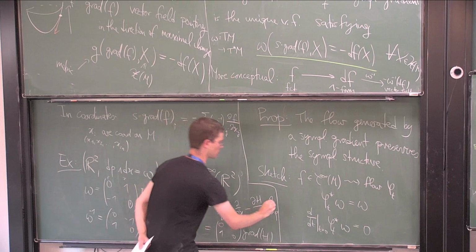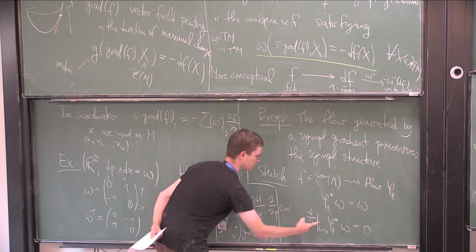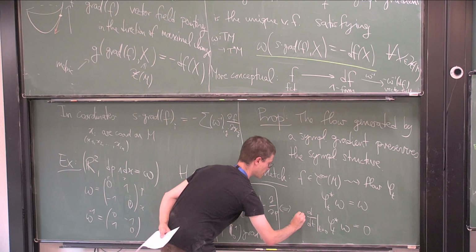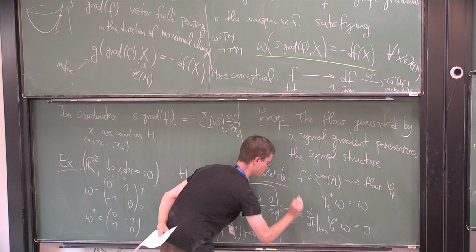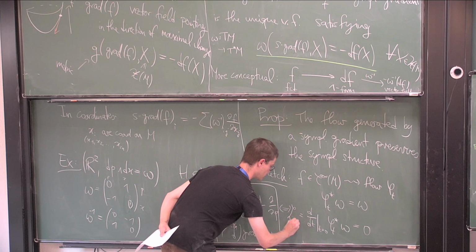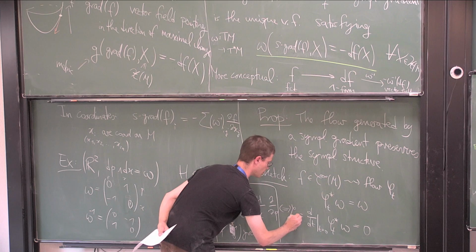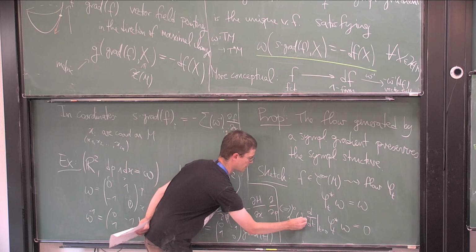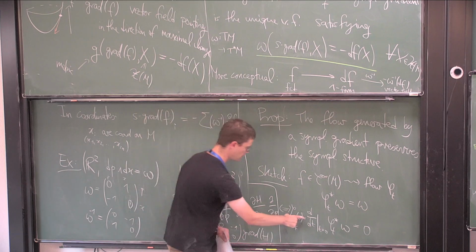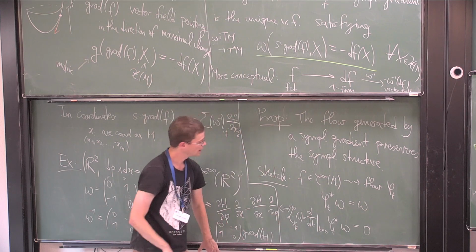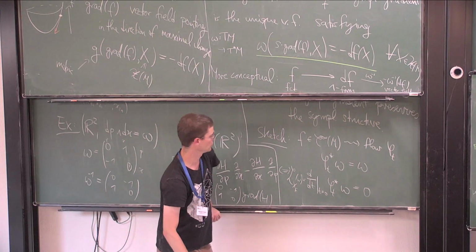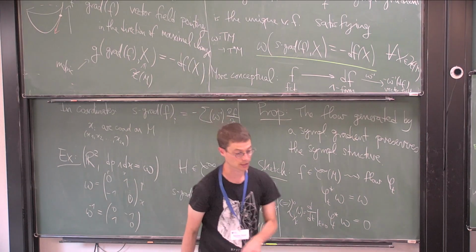This is equivalent. And this part, maybe you recognize, is the Lie derivative of omega along the vector field. And why is this good? Well, it's good because there is this magic formula for the Lie derivative.